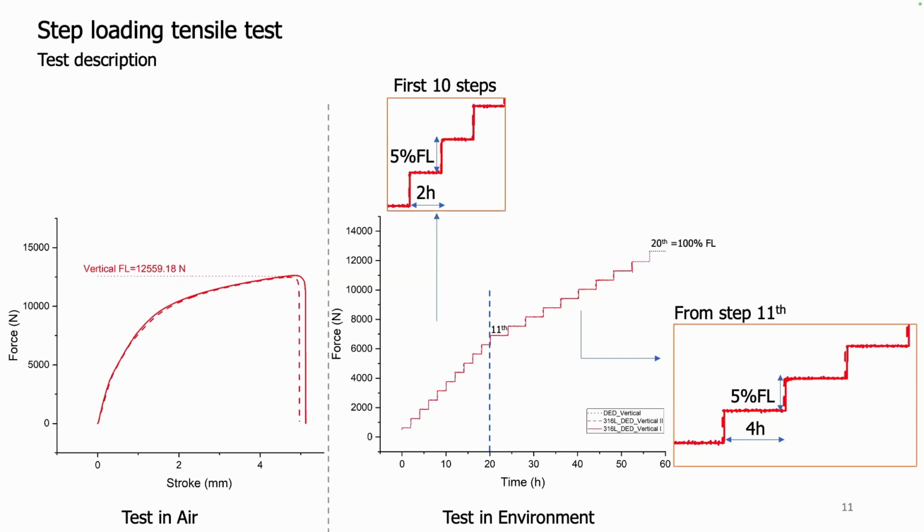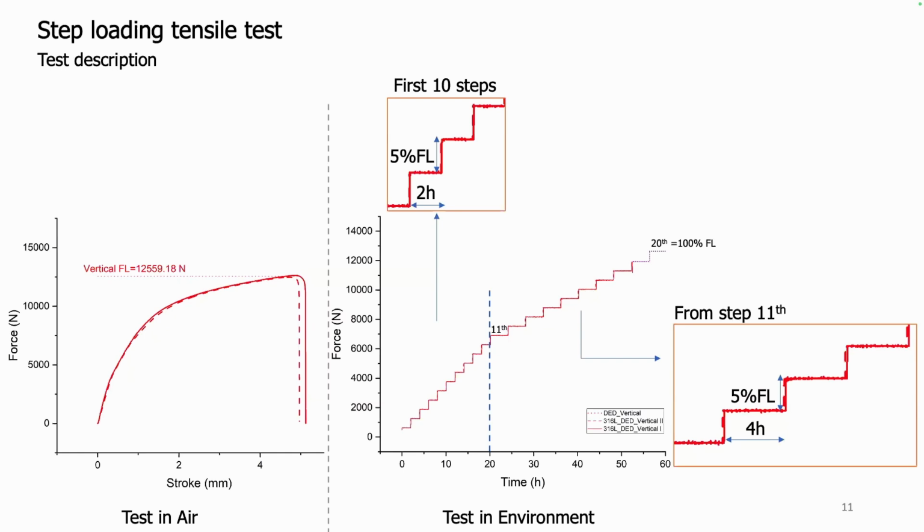Each increment is 5%. If we do 20 steps, that means that we reach 100% of the fracture load, and therefore the material is not susceptible to hydrogen embrittlement. If the material performs fewer steps, that means the material is more prone to these failure mechanisms.